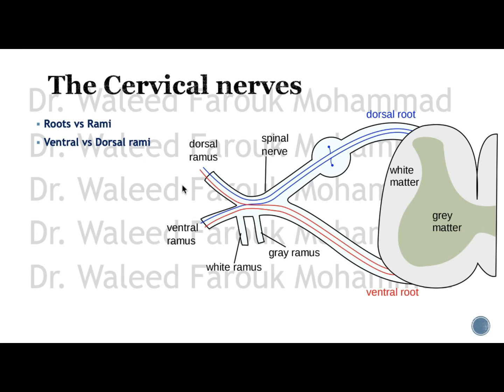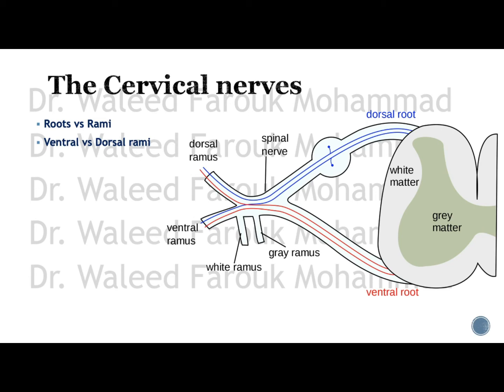The ventral rami of nerves, they are the ones that form plexuses. See, there's a difference between the destination of dorsal rami and ventral rami. So whenever you study a plexus, like cervical plexus, brachial plexus, lumbosacral plexus, you always start with it's formed by the ventral primary rami of such and such.